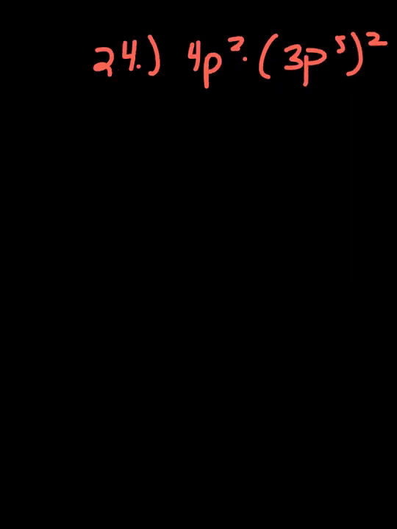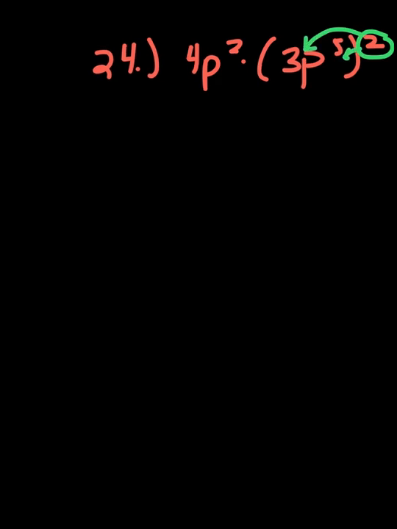And then for this last one, I'm going to follow some similar steps. So I'm going to start off by distributing the power of 2 to the 3 and to the p. They both get the power. So I've got 3 squared p to the 10th with 4p squared multiplying that.